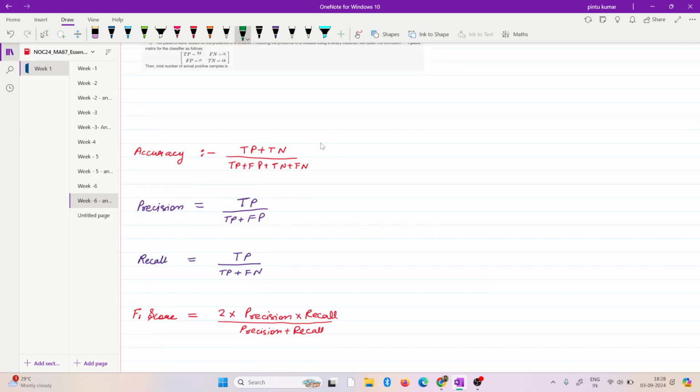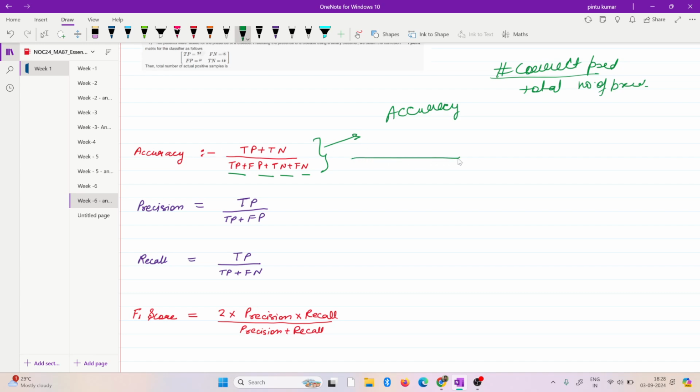Okay, so first thing that we can derive out of the confusion matrix is accuracy. This accuracy is exactly the same as the accuracy that we discussed initially during our lecture. So this is the number of correct predictions divided by the total number of predictions. You can clearly say that if you add true positive, true negative, false positive and false negative, this is an exhaustive set. So you have included everything, and your denominator is nothing but the total number of predictions that you have made, right?